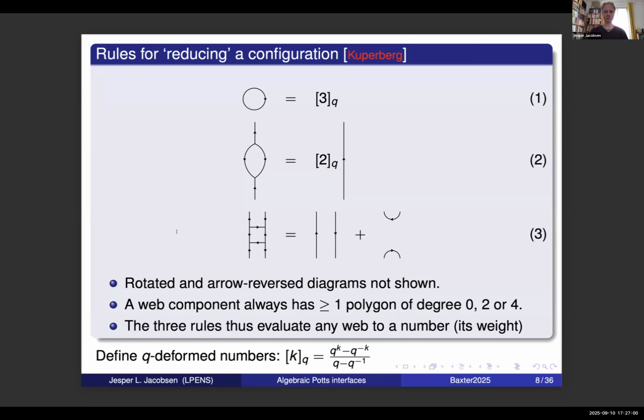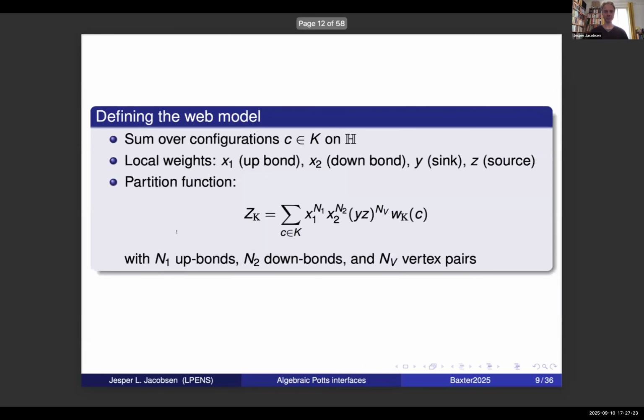What is more hard to show, and which Kuperberg showed, is that applying these rules in any order will lead to the same number. So that means that the statistical non-local weight of a bipartite cubic graph is going to be well defined by these rules. So we will call the resulting thing the weight of the configuration.